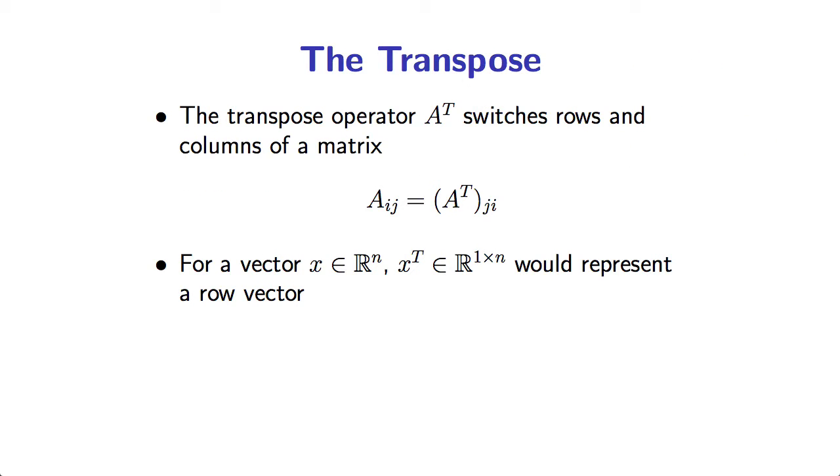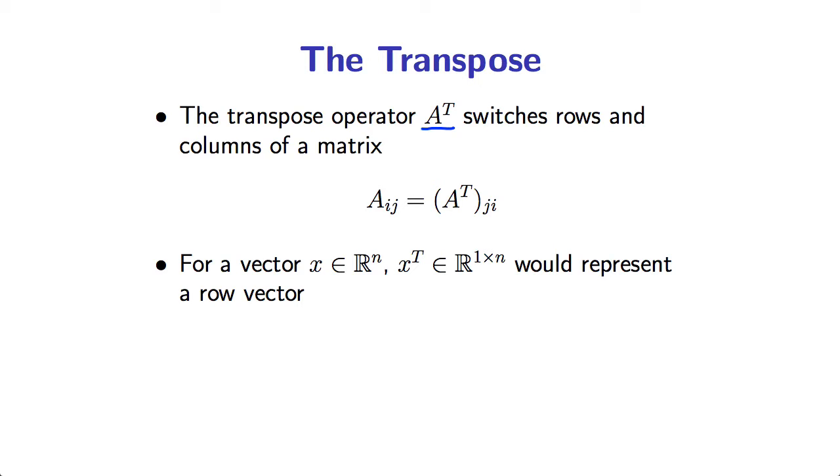Now one very important operation, which is so widely used that we'll introduce it right now, is the transpose operator. This is written as A superscript T. And this operator switches the rows and columns of a matrix.